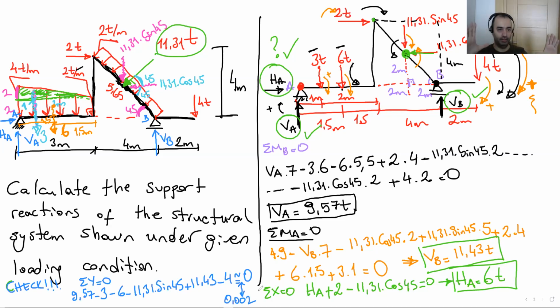Yes, we take a look at the structural system. We consider all distributed loads one by one, and we convert them to the concentrated loads. We can calculate the magnitude. It's easy because basically we calculate the area of that distributed load. It's easy, but we have to put them in the correct location, at the center of gravity point of that geometrical shape. Okay.